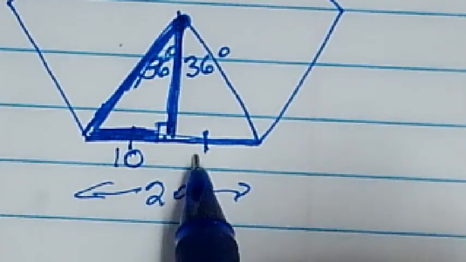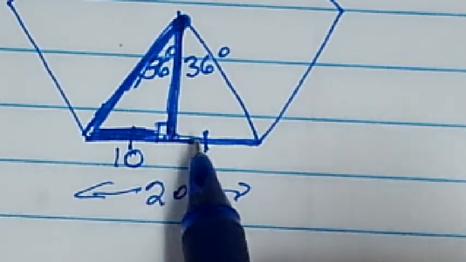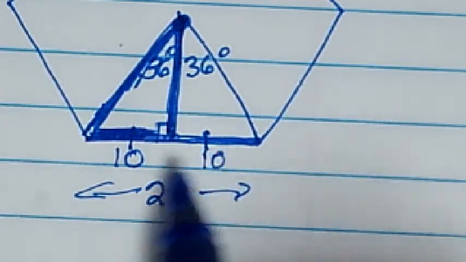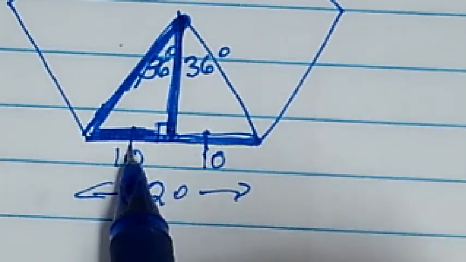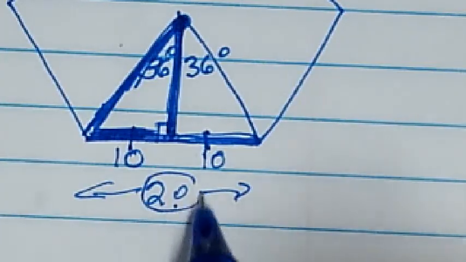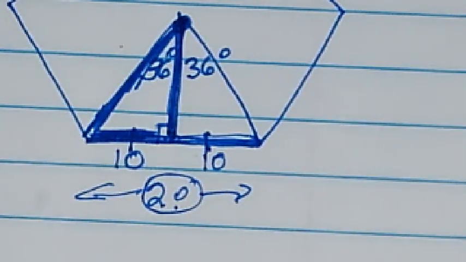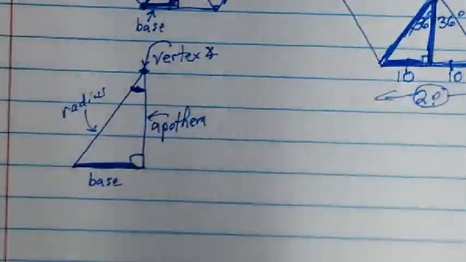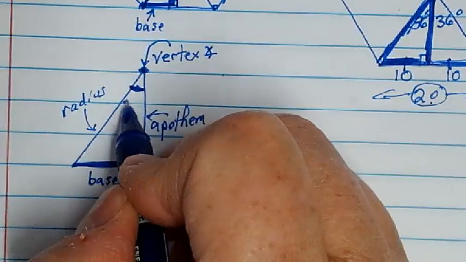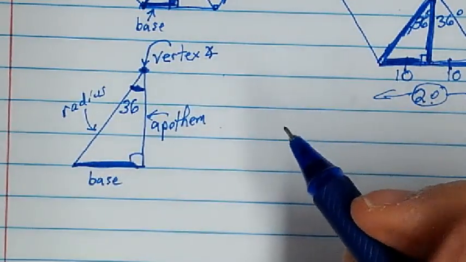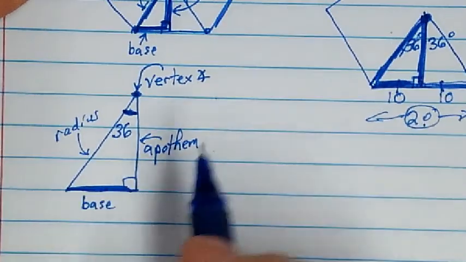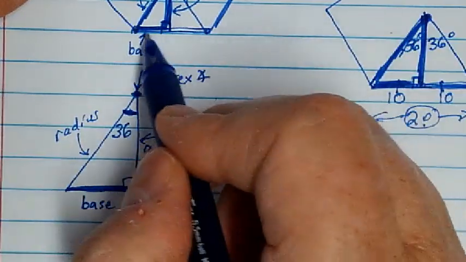And by the definition of segment bisector, this is also 10, because by the segment addition postulate, 10 plus 10 is 20. So if you transfer that to this triangle, you now know how to find the vertex angle, which is 36, and you now know that the base of this right triangle is half of the whole length of the side. It's right there.